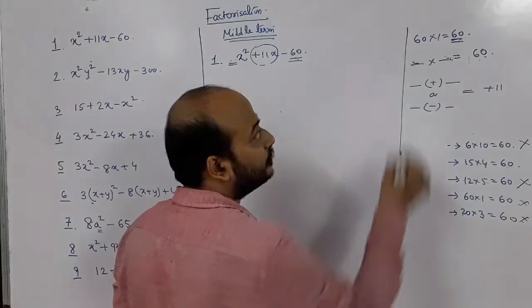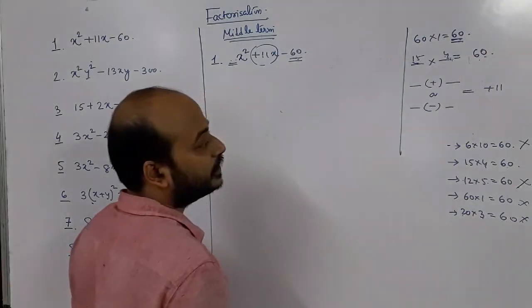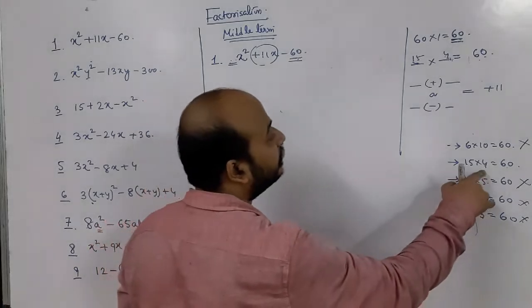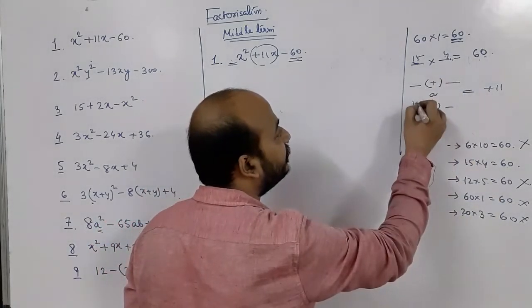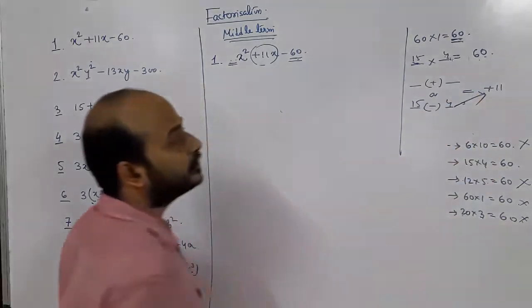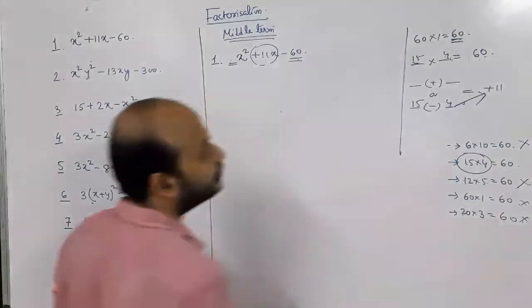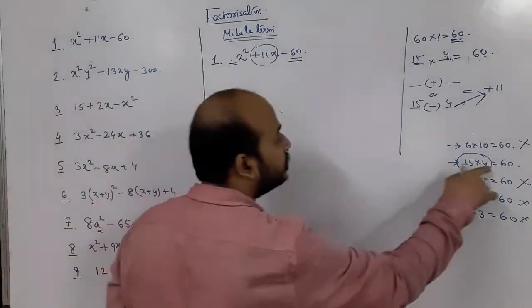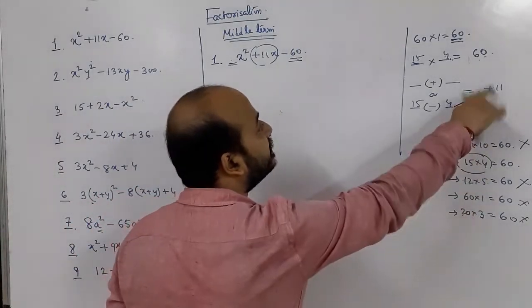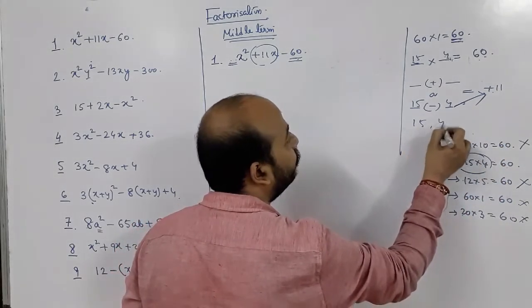But you can see 15 into 4 is 60, and 15 plus 4 is 19, but 15 minus 4 is 11. So that means we will take this pair, and using these two numbers I will make plus 11. Now how can we get plus 11 by using 15 and 4?